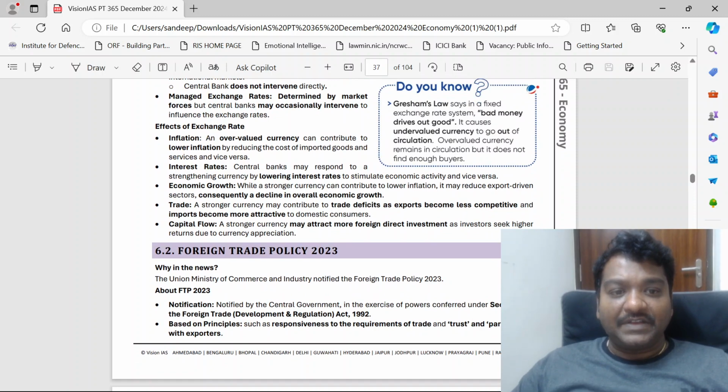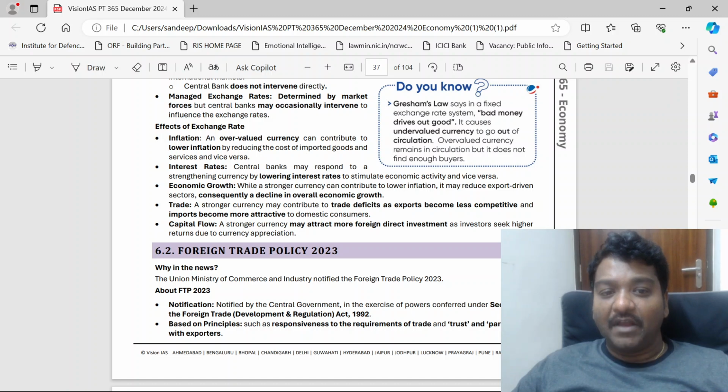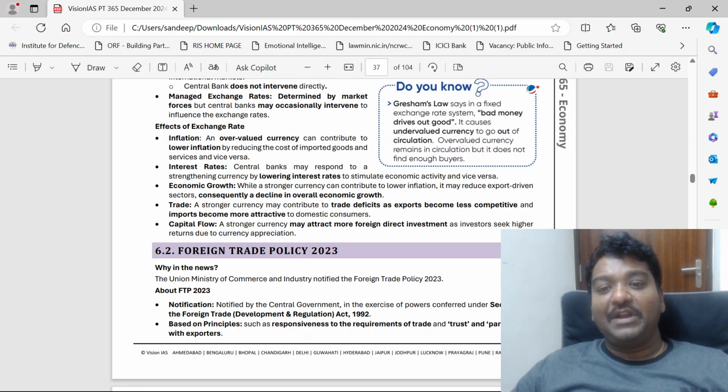Fine, you see, an overvalued currency can contribute to lower inflation by reducing the cost of imported goods and services and vice versa. Central banks may respond to a strengthening currency by lowering interest rates to stimulate economic activity and vice versa. This is asked multiple times, guys. Interest rates.